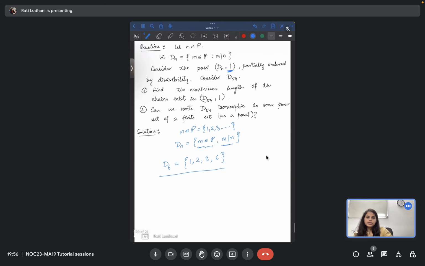So D6 is 1, 2, 3, 6, right? And this vertical line shows that we are talking about the divisibility relation. So Dn with this divisibility sign is partially ordered by divisibility.